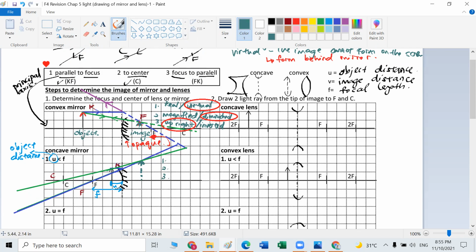Just tell me real, virtual, RV, MD, UI. I want 3. Follow the sequence. R or V, M or D, U or I. I want 3. Try. Yay, Wei Han, very good. Any others?